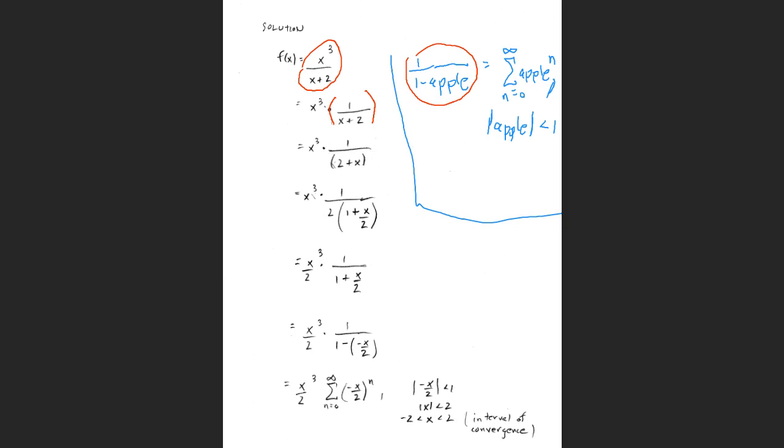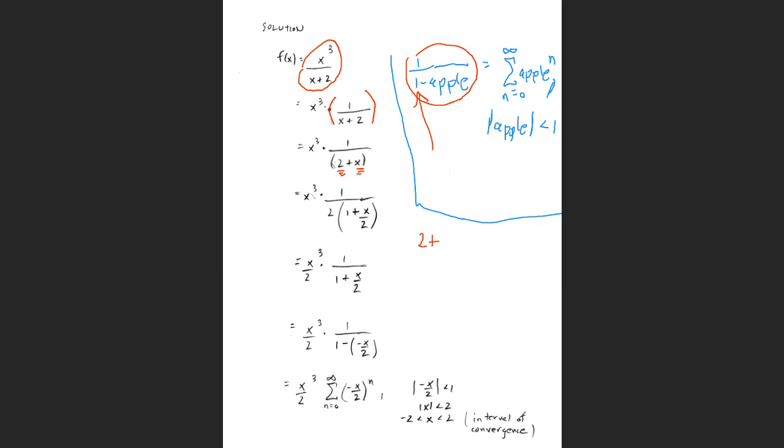Let me focus on 1 over x plus 2. Now the x plus 2 in the denominator, I can write as 2 plus x. I recognize that in the apple formula, I don't have a 2 in the denominator. I have a 1. I can get a 1 by factoring out a 2 from both terms.